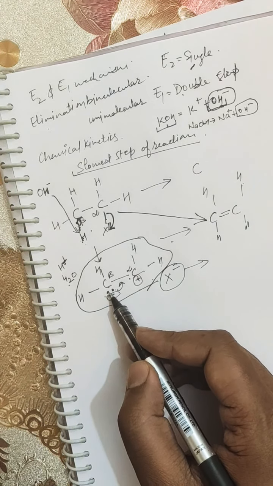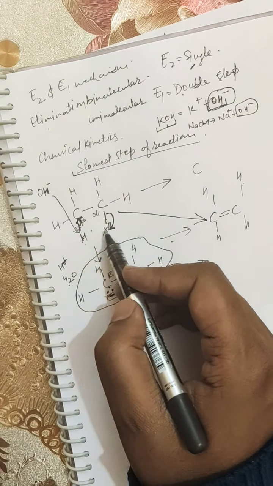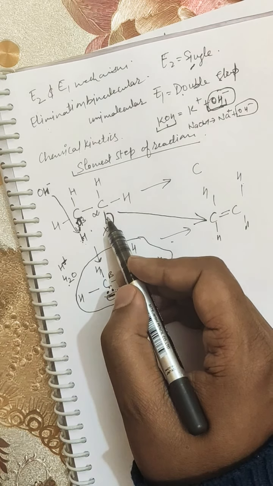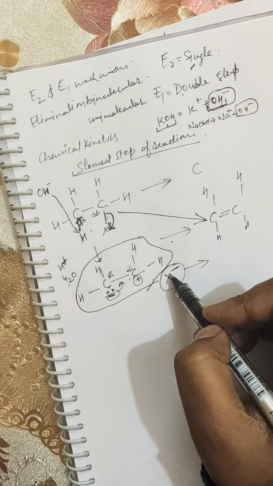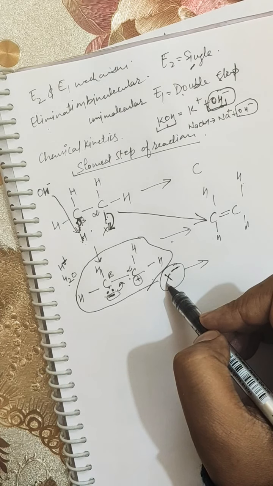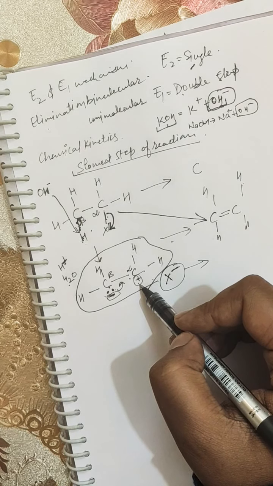Electron rich center means there is a negative charge on the beta carbon, and at the same time this halide also leaves the alpha carbon along with the electron pair. So there is a negative charge and electron pair on the halogen, and this leaving halogen results in the formation of an electron deficient center at the alpha carbon.